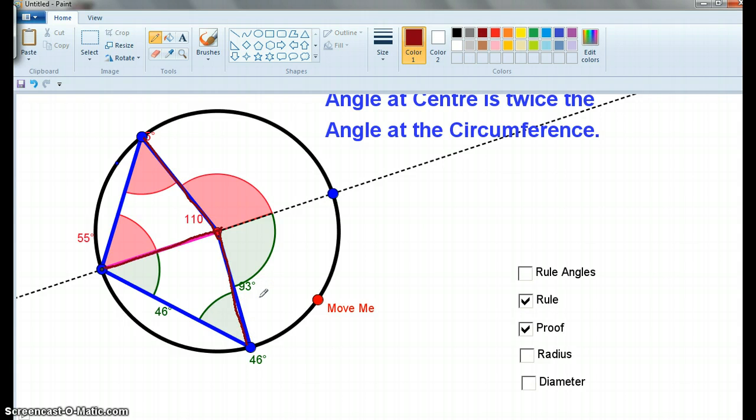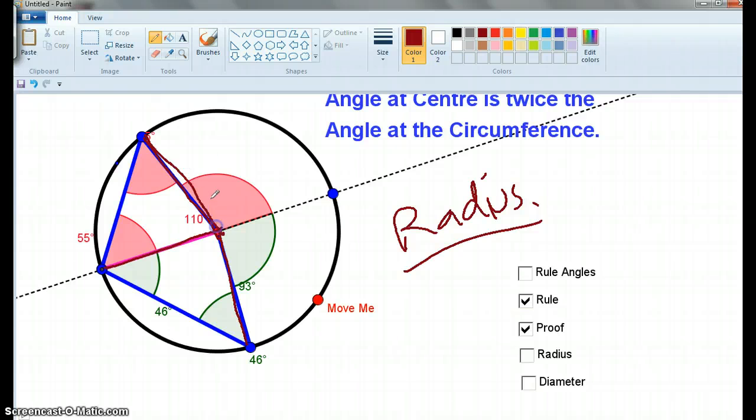What's special about them, those three? Yeah, you said it quietly. They are all radiuses, or radii, of the circle. So this length is the same as this length, is the same as that length. Is that okay? Yes? Yep.